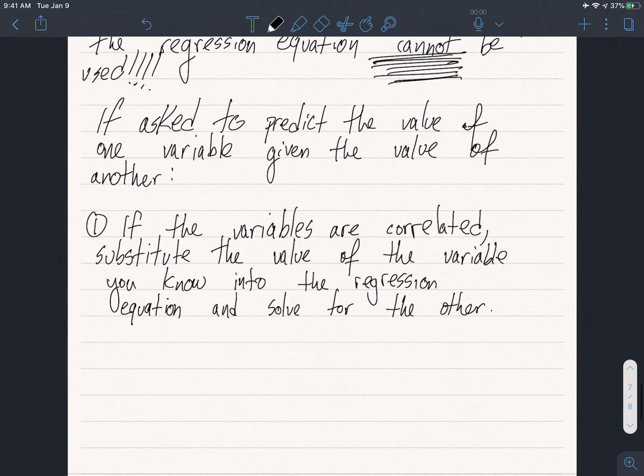So if two things are correlated and I ask you to predict this value x if y is 8, and you know that x and y are correlated, then you can just substitute that value I gave you, 8, into the regression equation and solve for the other variable.